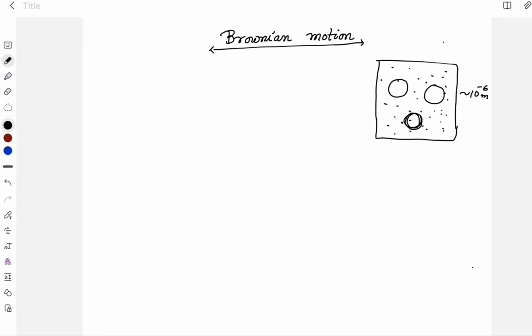In the last lecture we have seen that the diffusion equation is a stochastic process, a random walk problem. It can be understood well from a random walk problem.